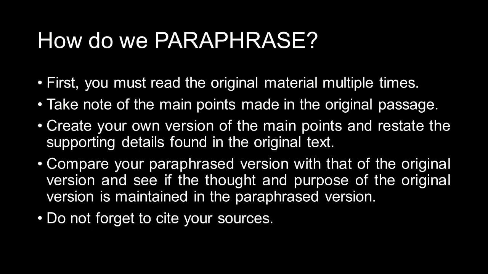And while you are reading the materials, you can also take note of the main points made in the original passage. And you can do this 2 ways. One, you can highlight the key points, key ideas, key concepts, or you can annotate. You can write them down at the borders of the book if it is yours, or you can have a separate sheet of paper for your annotations.